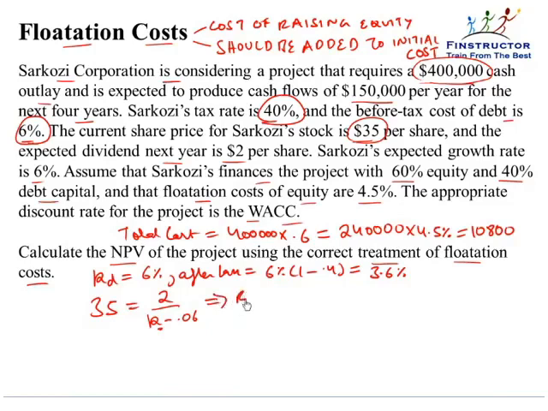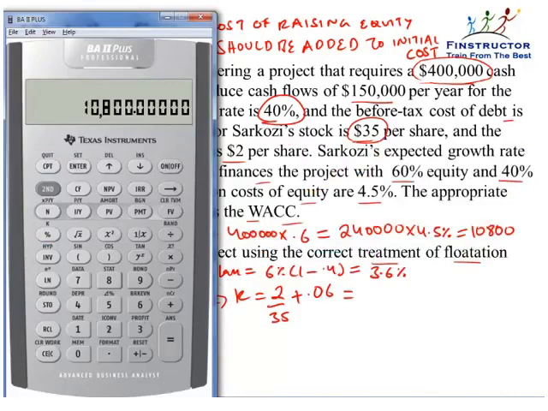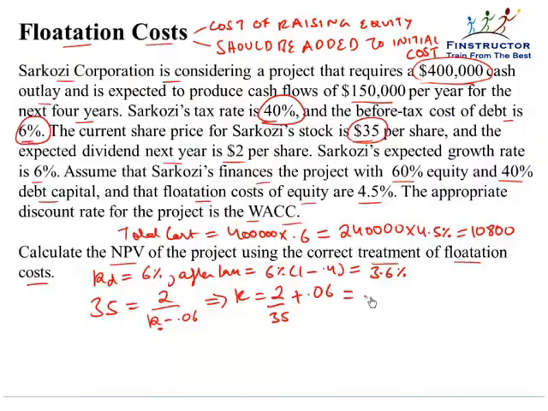So Ke can be derived as 2 divided by 35 plus 0.06, that is 11.71%.